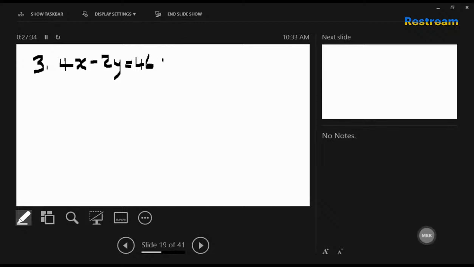And that's equation 1. And 4x plus 7y is equal to 1. And that's equation 2.